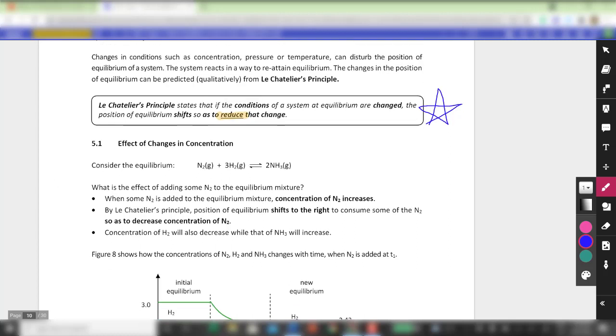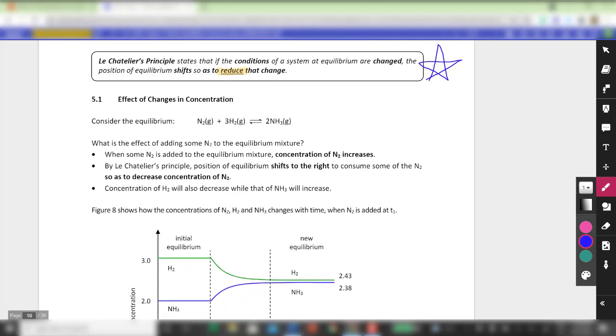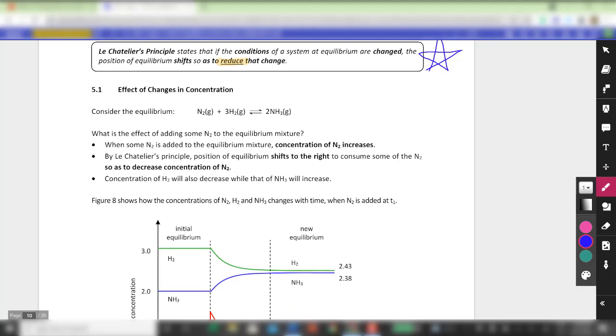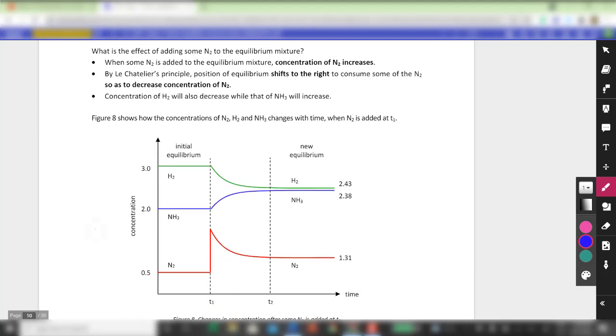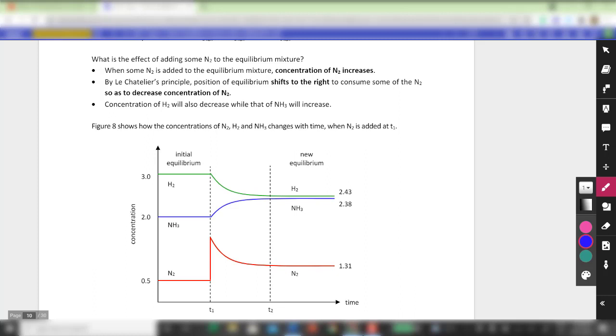Okay, so let us see from here. First, what if there's a change in concentration? In this case, we have an initial system at equilibrium. We have hydrogen here, 3 mol per m cube, and we have ammonia, and we have N2.